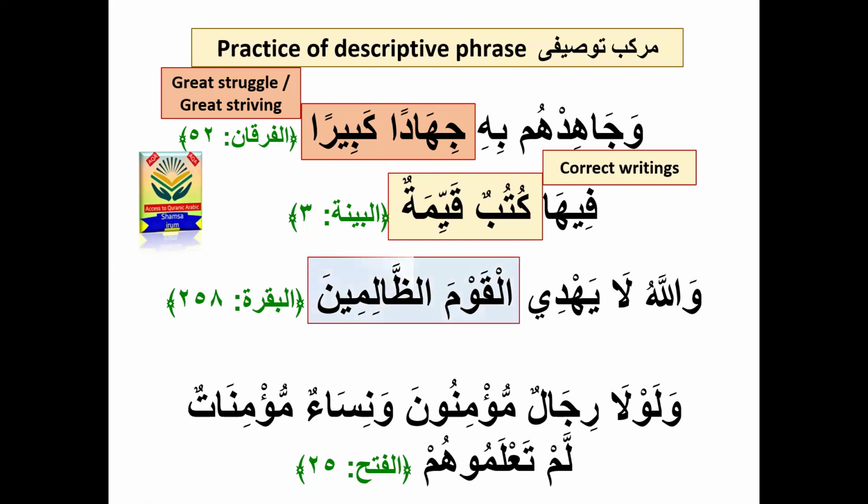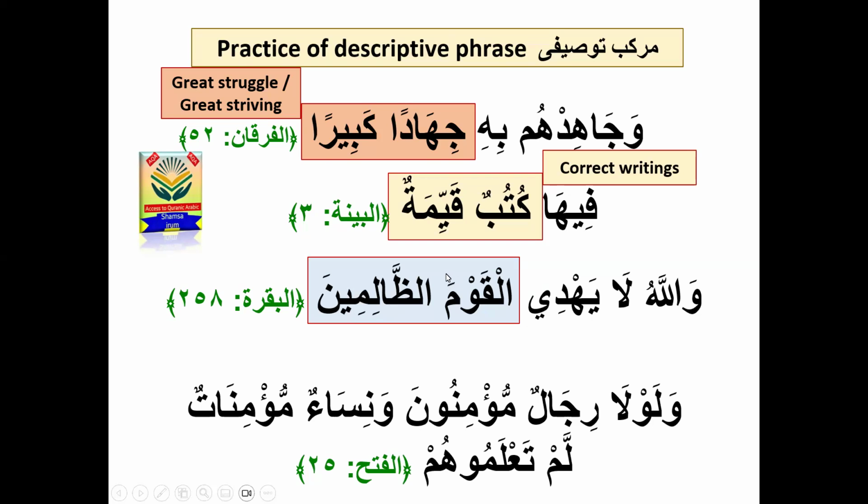In the next ayah, if you find the descriptive phrase, I hope you can find it. It is al-qawma al-zalimina. So al-qawma is mawsuf, al-zalimina is sifa. Okay, if I ask you whether al-zalimina is mansub or majroor, I hope you will answer quickly that it is mansoob here because al-qawma is mansoob.